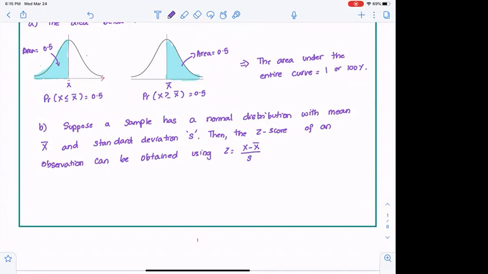Z is equal to x minus x bar divided by S. So the observation here is x, z-score is the z value that we find, and S is the standard deviation.